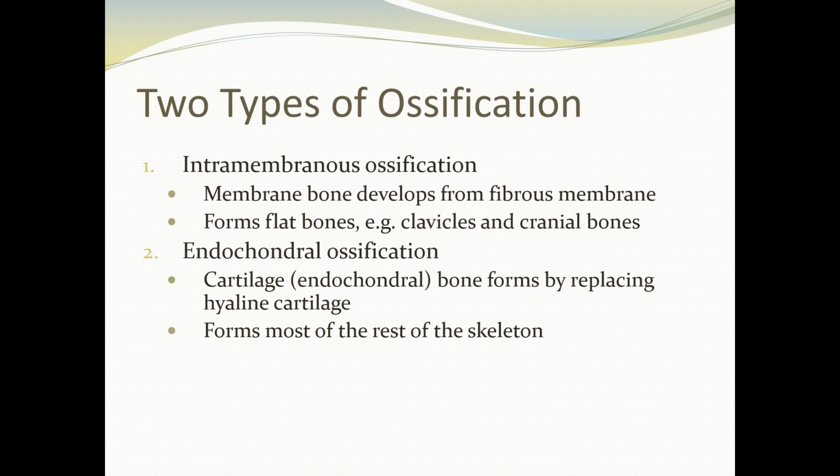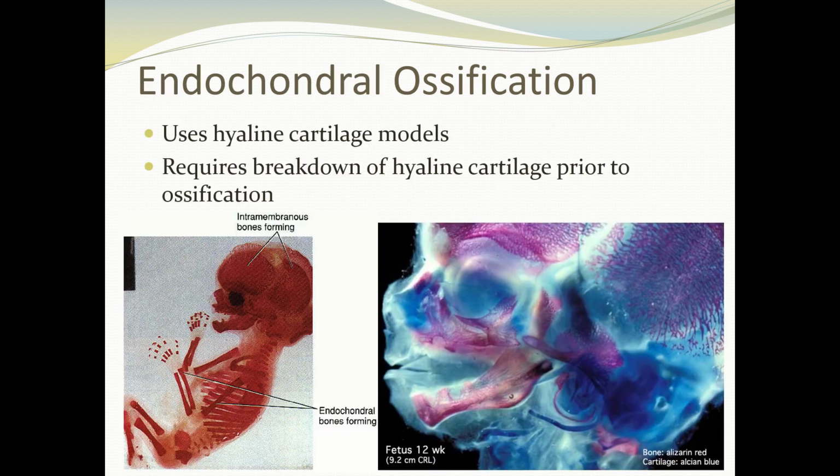The second kind of ossification is called endochondral ossification, and this is the ossification that occurs on a hyaline cartilage skeletal model. So this will form most of the rest of the skeleton. So you'll basically see intramembranous ossification in the face, as well as in the thoracic cavity, clavicles, and then endochondral ossification you'll basically see everywhere else.